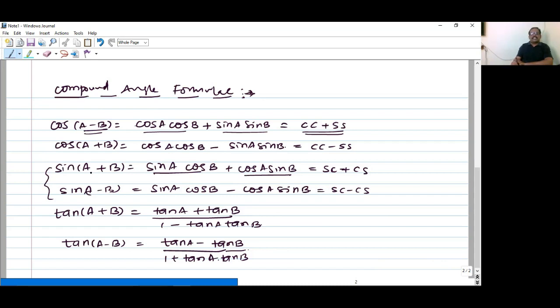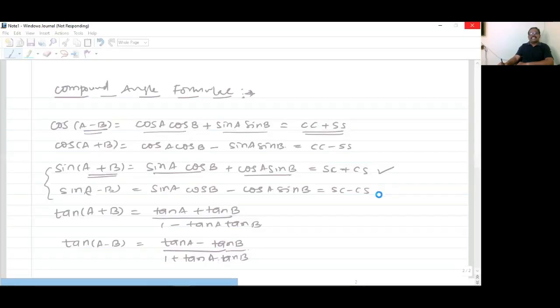So again you can keep in mind, whenever it is the sum of two angles, that is sine of a plus b, the compound angle is in the form of a plus b, then the formula is again in addition form, that is the addition of two such functions, sine cos and cos sine. And whenever it is difference, sine a minus b, it will be the difference again. But in case of cosine, it is opposite.